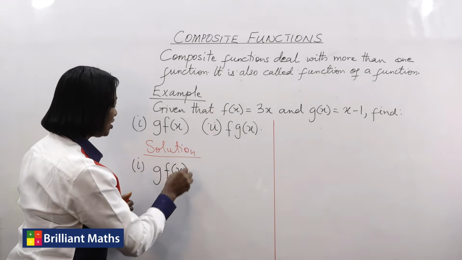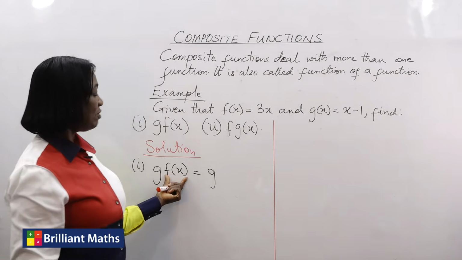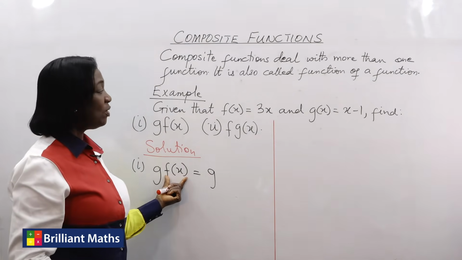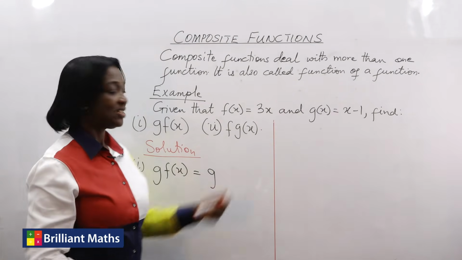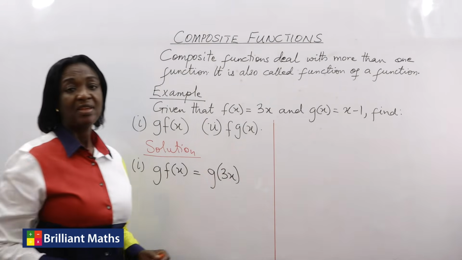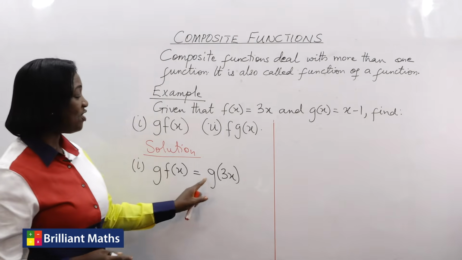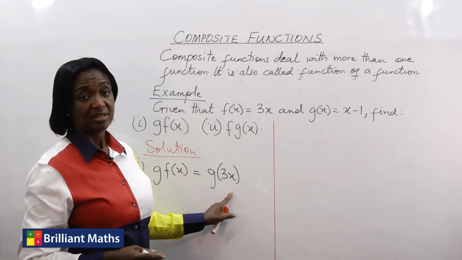becomes g, replace that with what you have as f of x, 3x. And then next, g3x, that means that the value of x now is 3x.